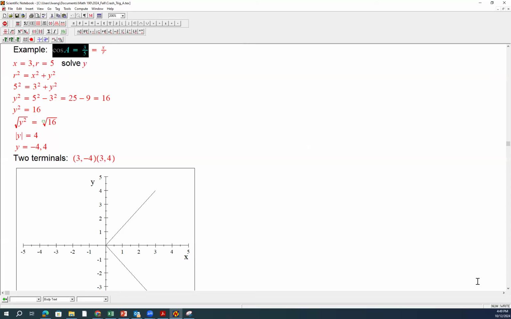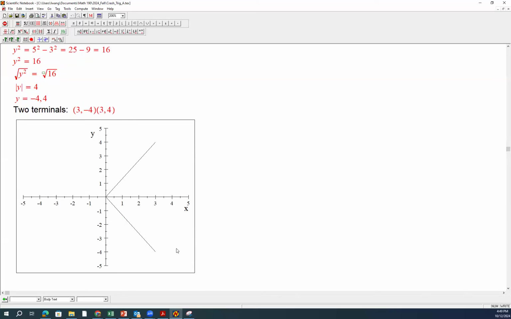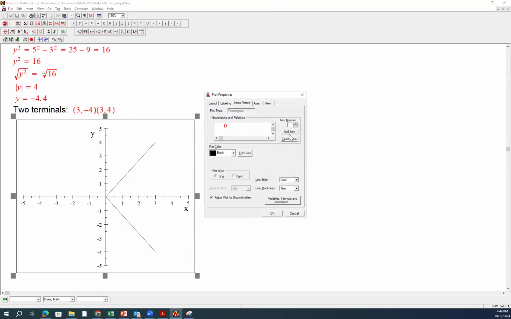We know that for 1 terminal, we have lots of angles. For 2 terminals, how many angles do we have? A lot more, right? So we really have an infinite number of angles. If I put the points in place, 3, 4, that's 1 dot. Another one is 3, -4.